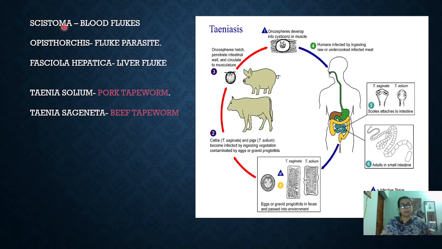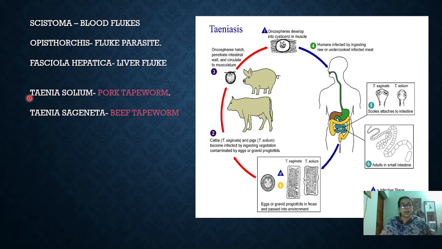There are certain common names regarding these: Schistosoma is known as the blood fluke, Opisthorchis is known as the fluke parasite, and Fasciola hepatica, which is common, is known as the liver fluke. This is the common name of Fasciola hepatica. We will be discussing it in detail in the later part of the video or in the upcoming videos.